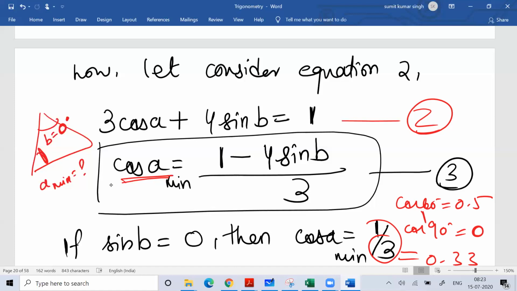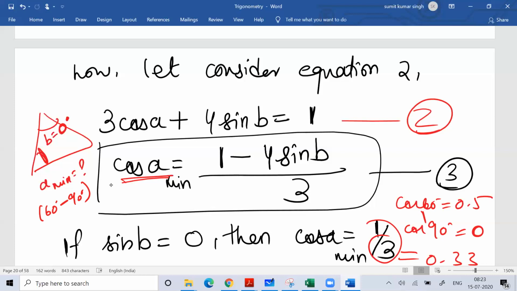So if I put angle B as 0 degree, then the minimum value of angle A I'm getting is between 60 degree and 90 degree. Worst case situation, this is the minimum value of angle A that I'm getting, between 60 degree and 90 degree.